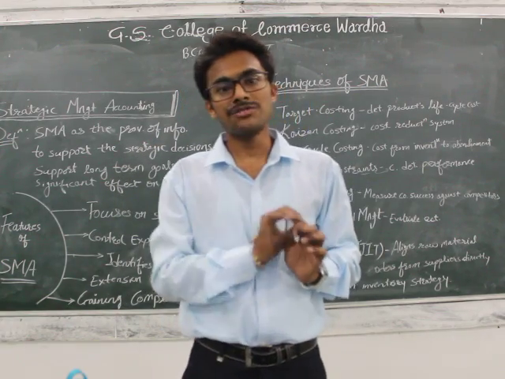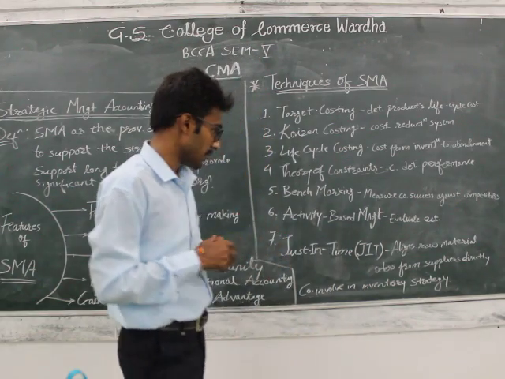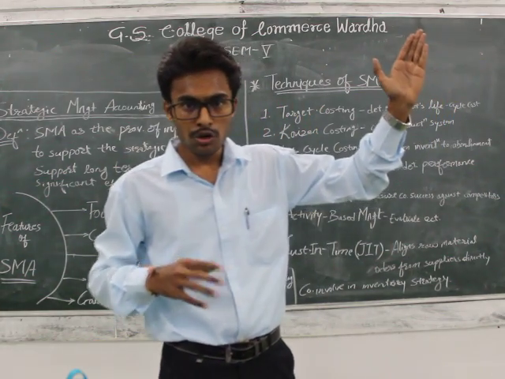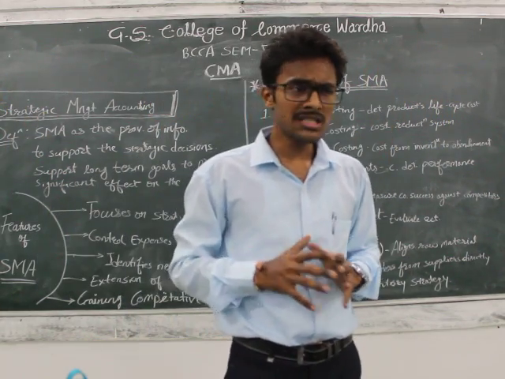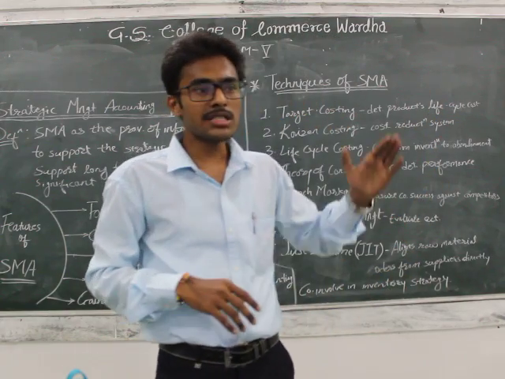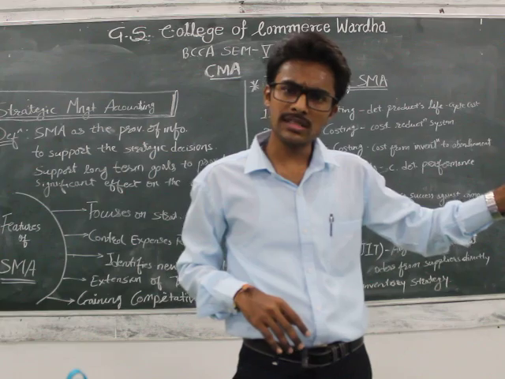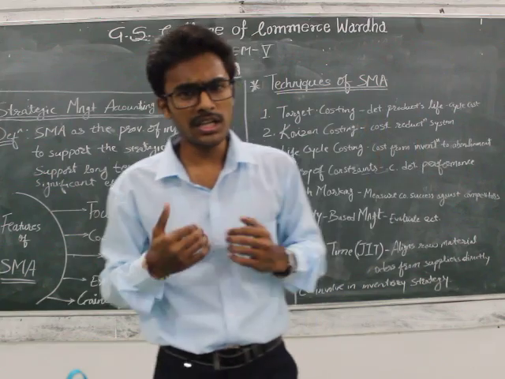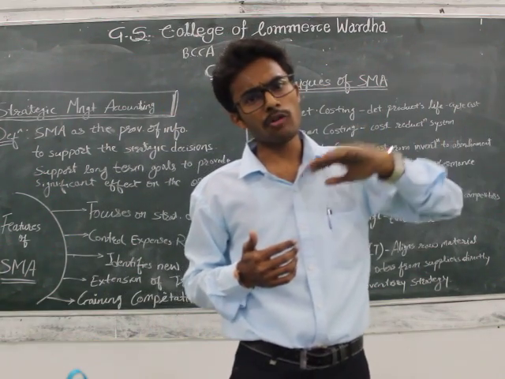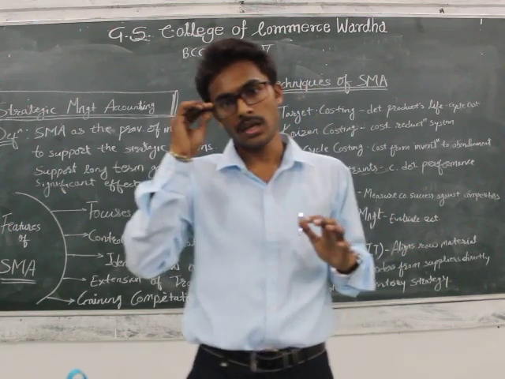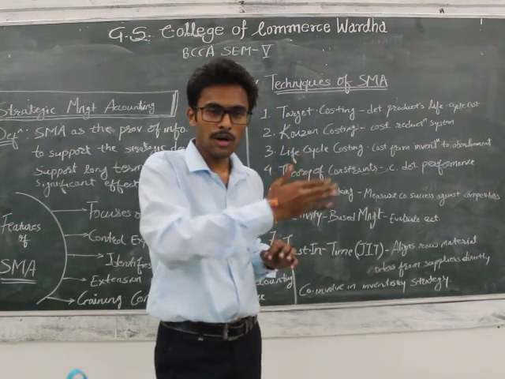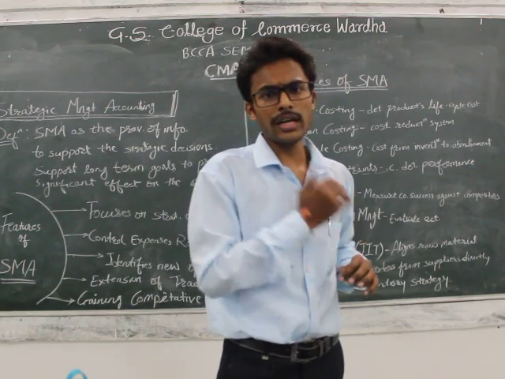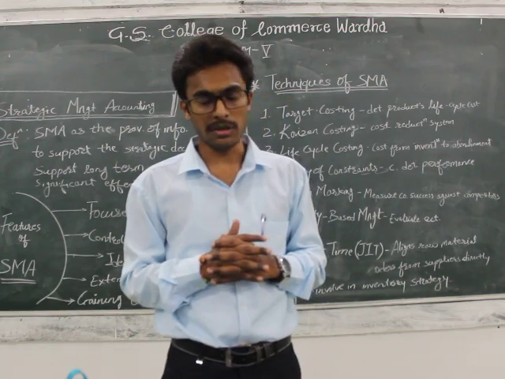It is also known as JIT, just in time technique. It aligns raw material orders from suppliers to manufacturers. That means it totally eradicates the middle suppliers and deals directly with the raw material provider. It totally cuts down the layers or stages of suppliers and is directly involved in supply chain management.